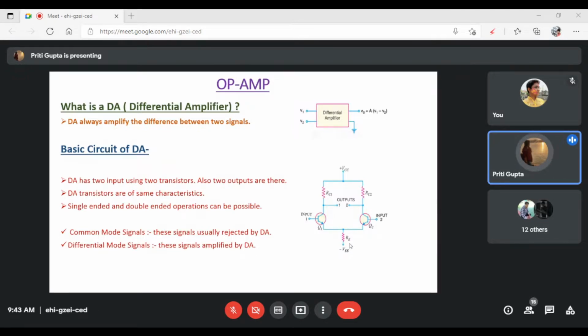Give a full stop and in the same point continue. Both single-ended output and double-ended output arrangements are also possible for a DA. That's it.